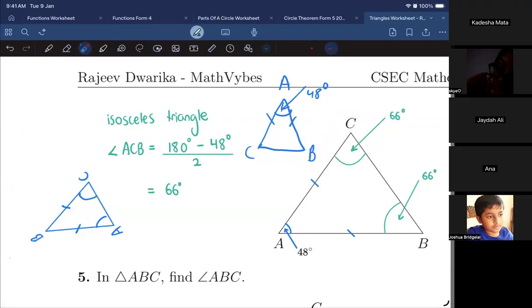Yes. So did anybody else get caught up with this question? Who here wasn't able to recognize that these were the base angles? Don't feel shame. Tell me, Jada. I made that same mistake, where I thought A and C were equal and not B and C. Right, so you got caught too.